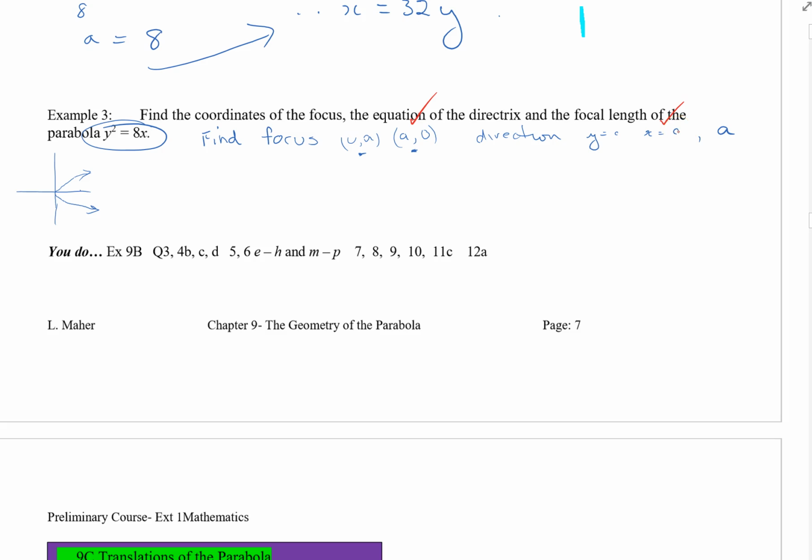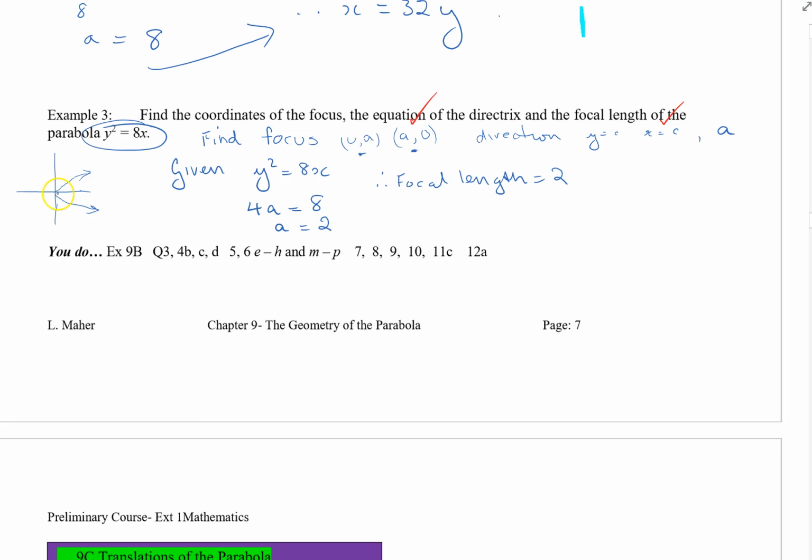x equals some constant, and from the equation, so let me say, given y squared is 8x, I know that 4a has to be 8, so a has to be 2. Therefore, the focal length equals 2.